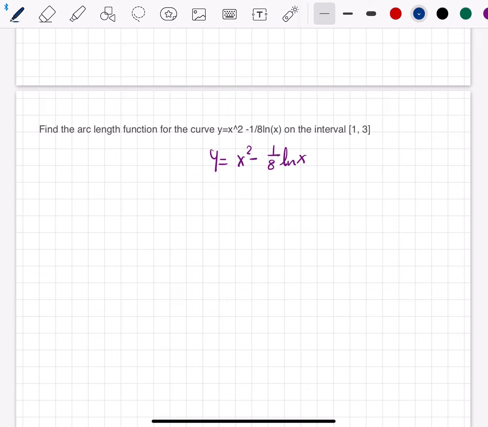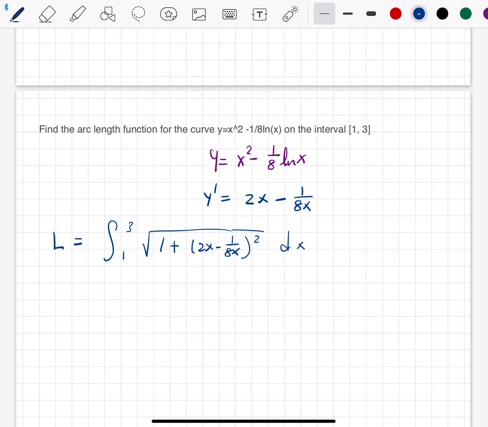Using the same approach, the derivative y prime is going to be 2x minus 1/8 times 1 over x, which is 1 over 8x. Now the arc length is going to be the integral from 1 to 3 of the square root of 1 plus (2x minus 1 over 8x) squared dx.